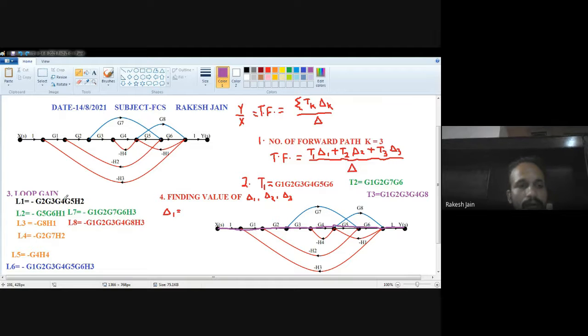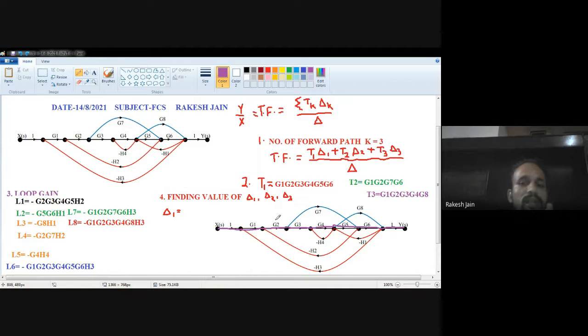Now see the second loop, G5, G6, S1. G5 and G6 are on the line of the first forward path, so this is also touching, and we cannot use it. The third loop is G8, H1. The node is touching the first forward path, so we cannot use this as a non-touching loop either. The fourth loop is G2, G7, S2.